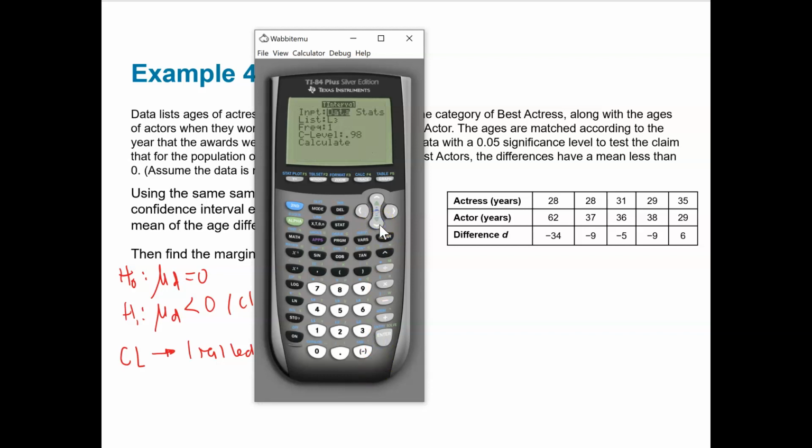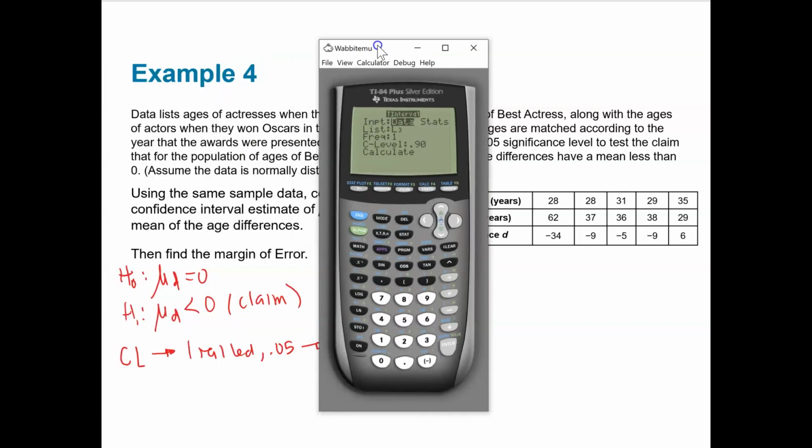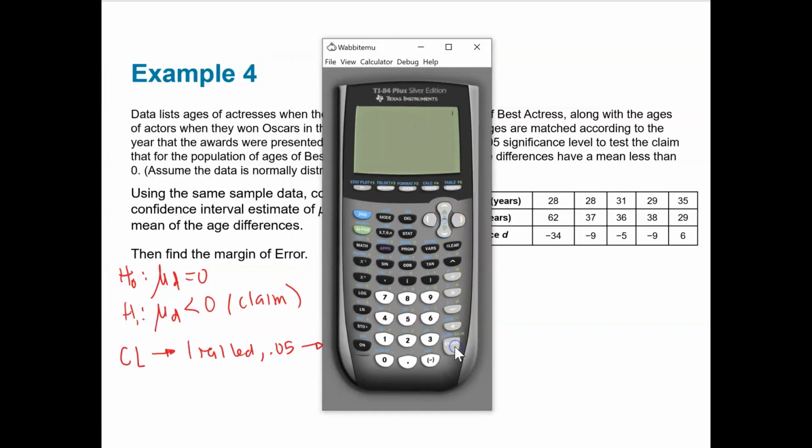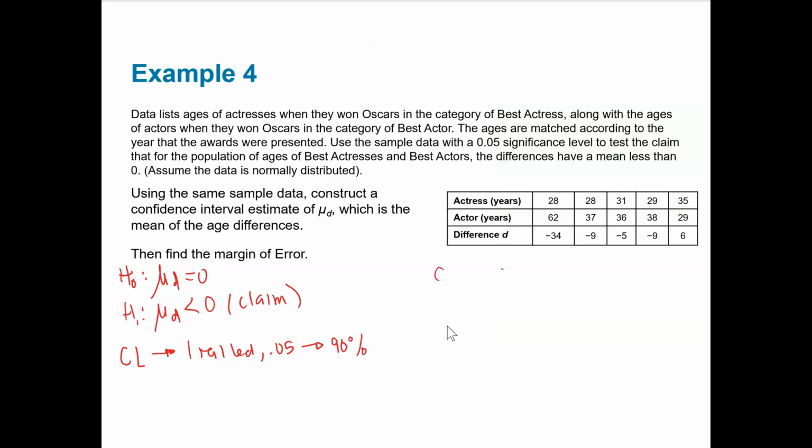And the data is in L3, and the confidence level is actually 0.90. So I'm going to calculate this here, and I get negative 24.17, so the confidence interval, negative 24.17, these are years, the difference, and on the other end we got 3.77 years.